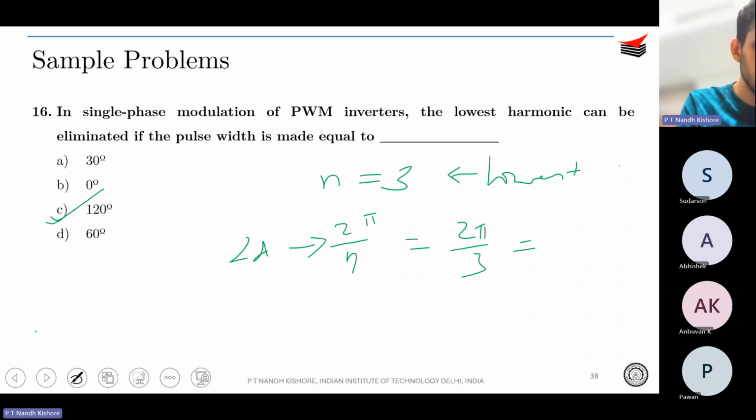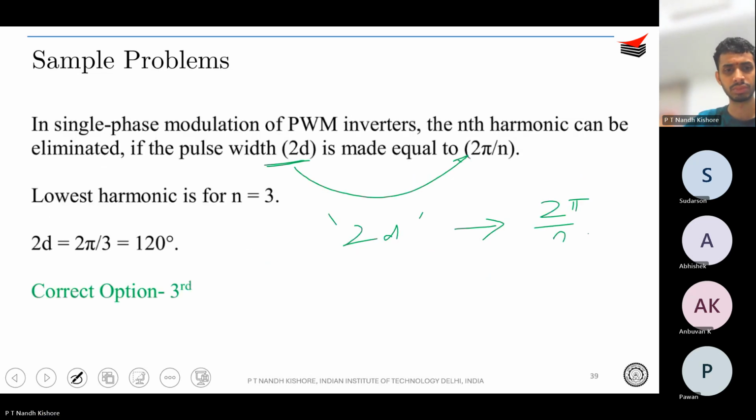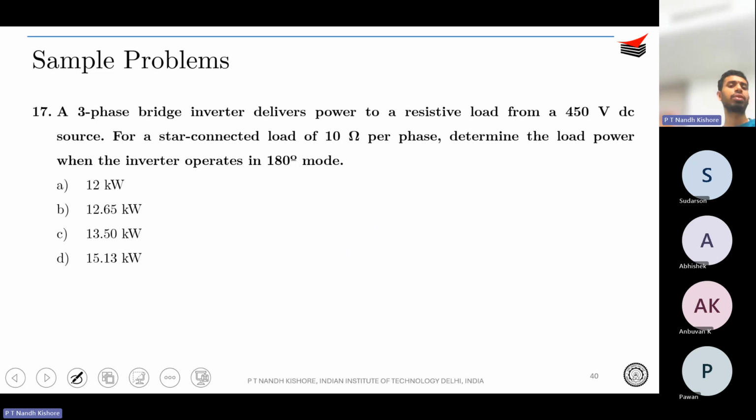It's 120 degrees. So for eliminating the third order harmonic, the pulse width is made equal to 120 degrees. So option 3, 2 pi by 3.